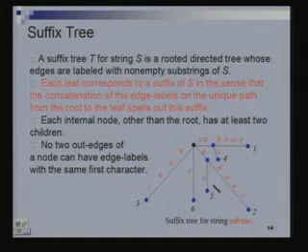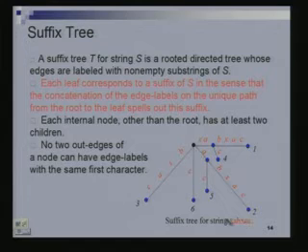What are these numbers that are written? Numbers, the starting position of that suffix. So this corresponds to XAB XAC. What is the starting position? 1. This corresponds to XAC. Starting position 4. This corresponds to AB XAC. Starting position 2.